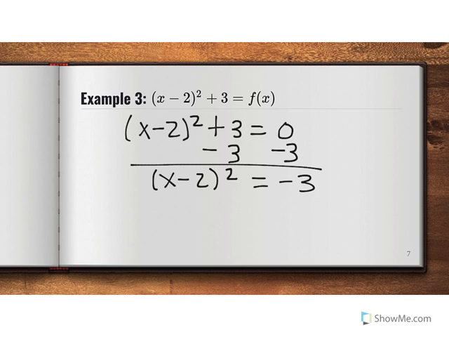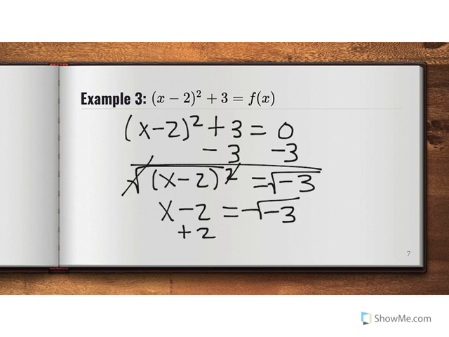Then we're going to go ahead and take the square root of this value. Again, we realize that we cannot take a square root of that number here, so we have to leave it as the square root of negative 3, or we can write it as i square root 3, and I'll show you guys this in a second. So again, we're going to add 2.